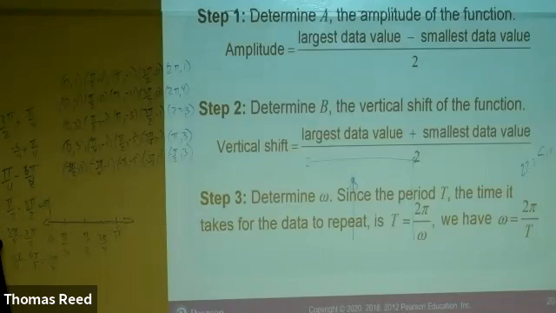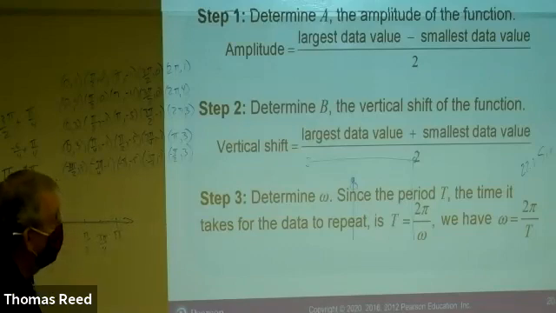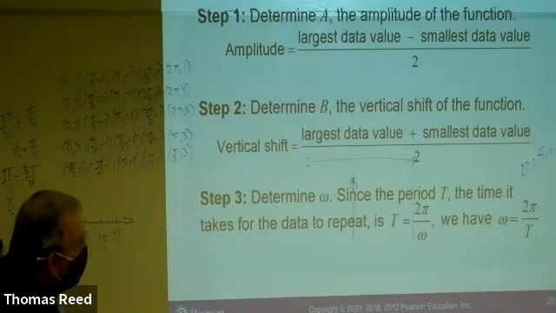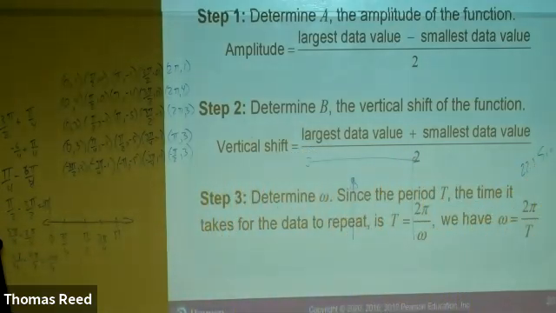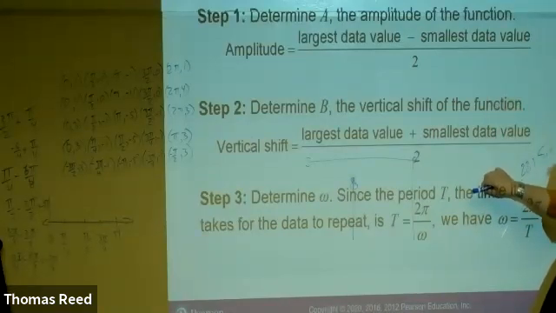All right, and then the vertical shift is the average of the largest and smallest data. That average value gives you a vertical shift, how much you moved your y values up or down.